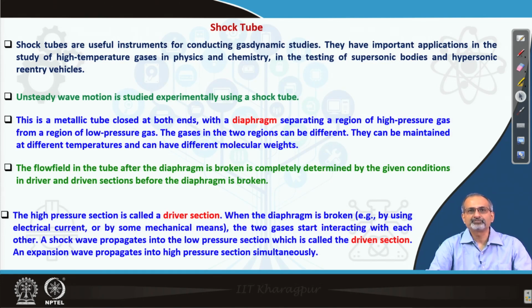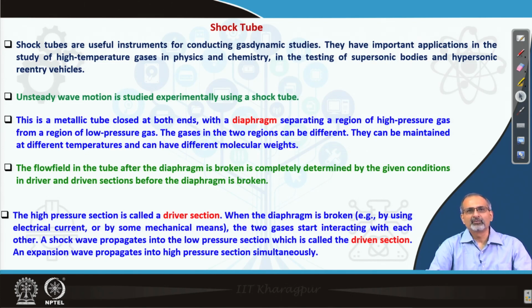There are many others, but for simplicity, for now we are mentioning only the shock tube, and for now it is important for us to understand only this, that it is basically a long metallic tube closed at both ends with a diaphragm in the middle, separating a region of high pressure gas from a low pressure one, and these two gases could be two different kinds and maintained at different temperatures with different molecular weights and so on.